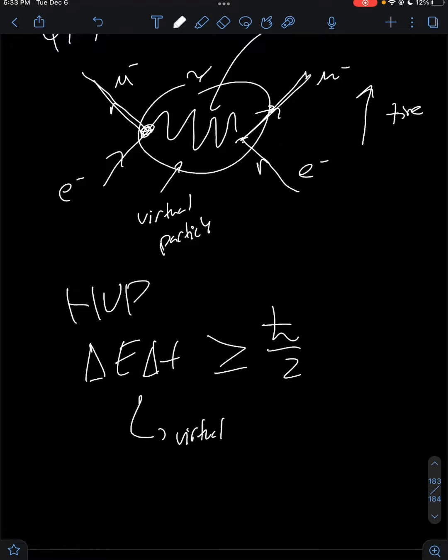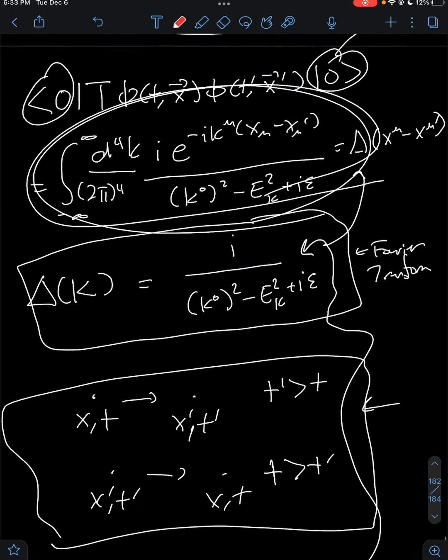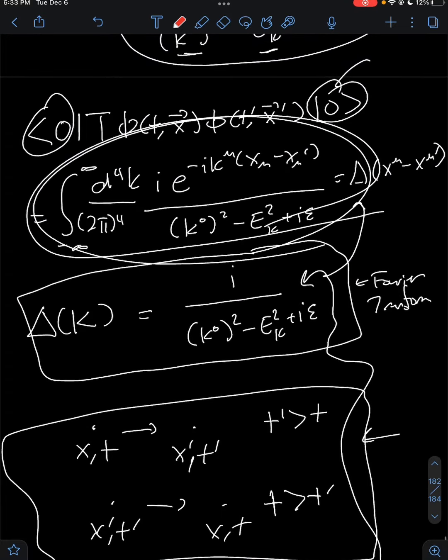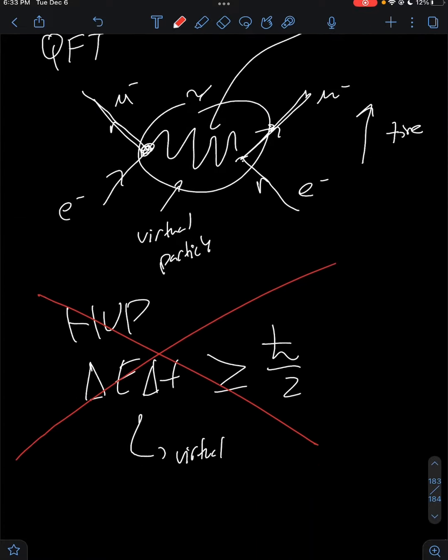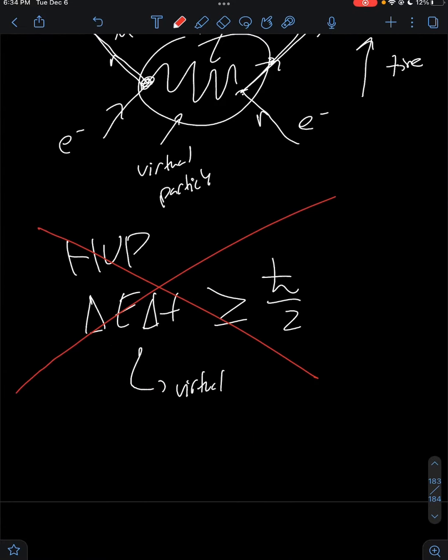That's completely, absolutely wrong. In our entire discussion, we haven't talked at all about the uncertainty principle. We didn't use Heisenberg's uncertainty principle to derive the propagator, right? So that tells you immediately that this explanation for virtual particles is wrong.